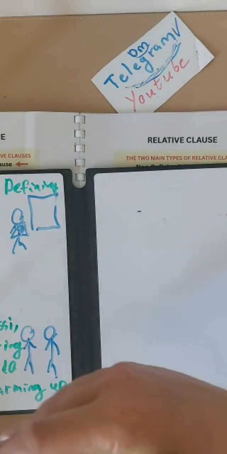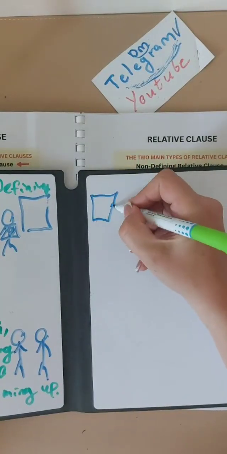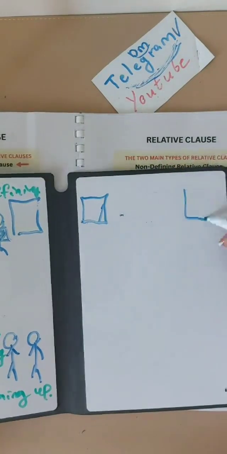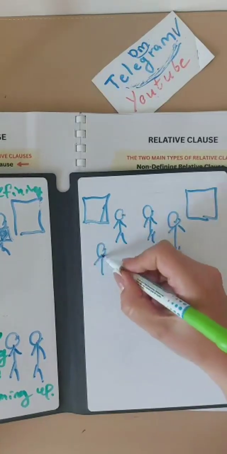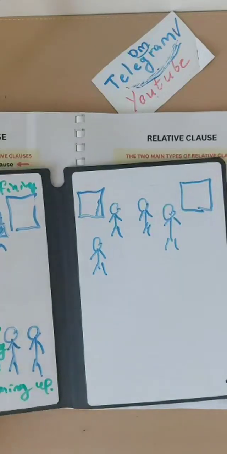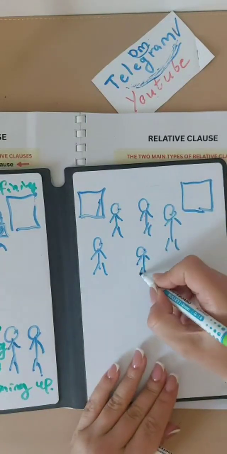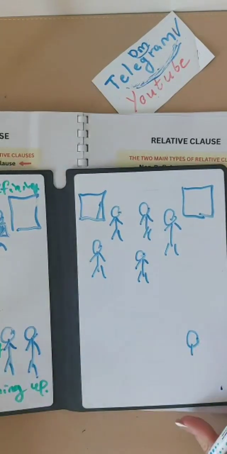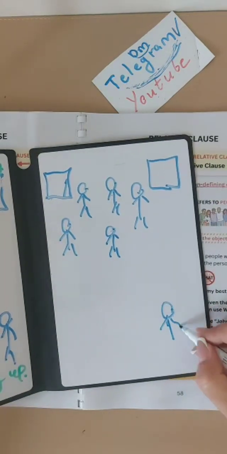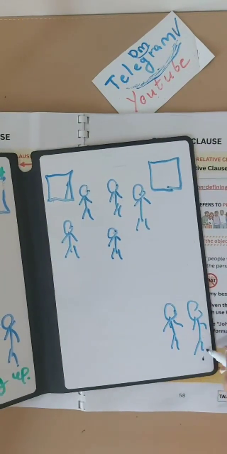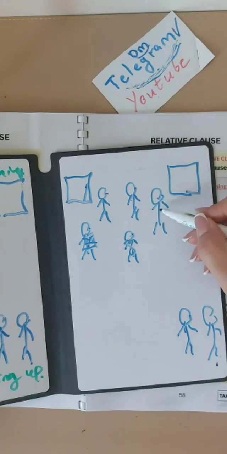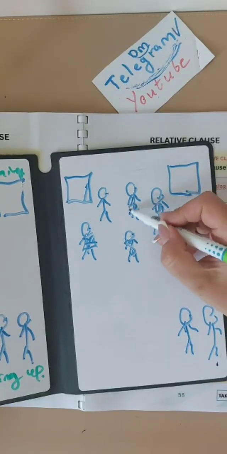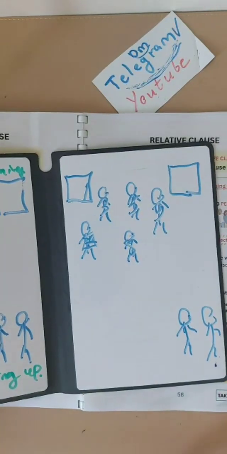Another example. You are still watching football. There are lots of players. You are watching from outside. Here you have 7, 8, 9, 5, 3, for example, okay?